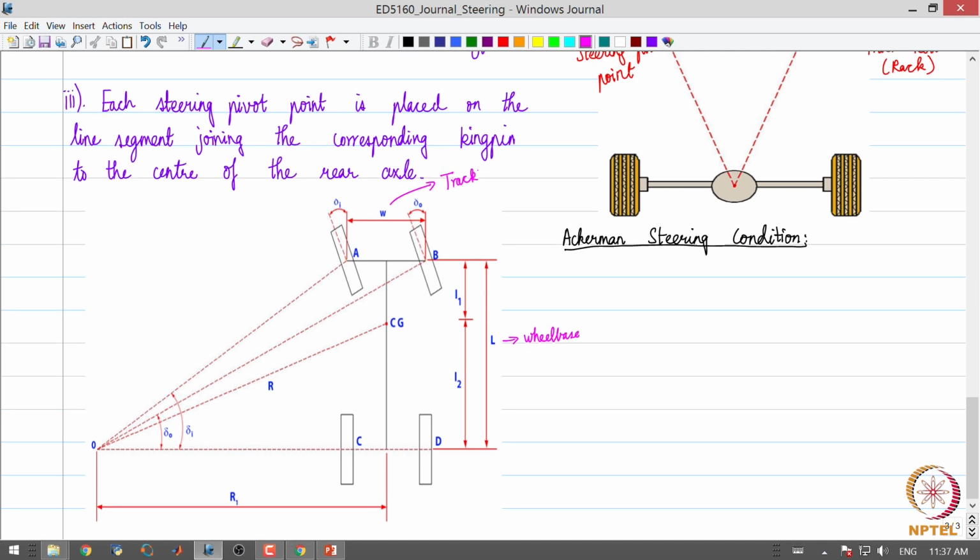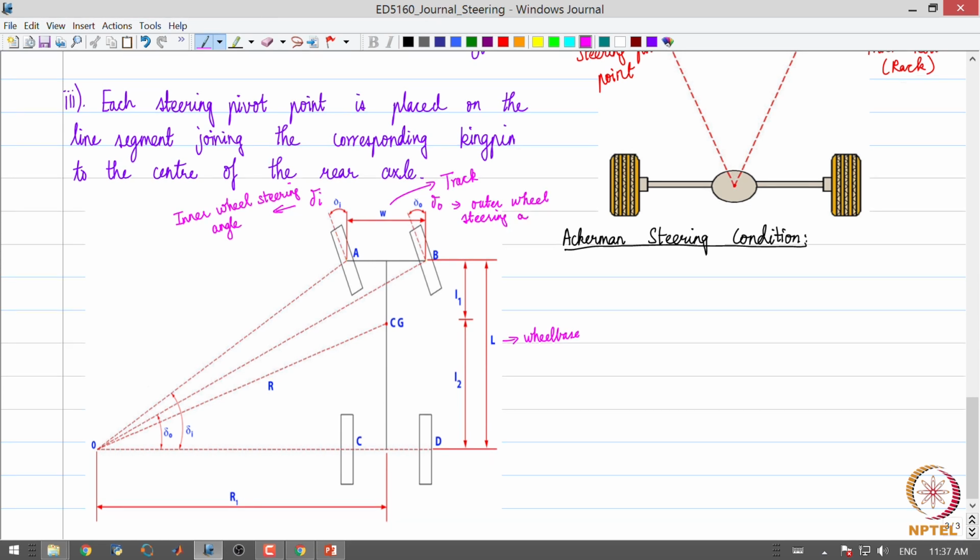Without loss of generality, let us assume we are taking a turn to the left. Delta I is the inner wheel steering angle and delta O is the outer wheel steering angle.